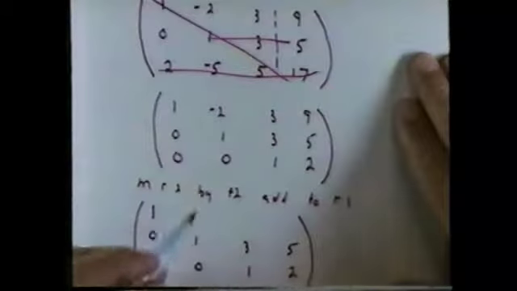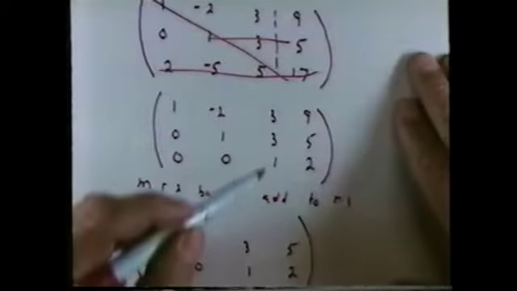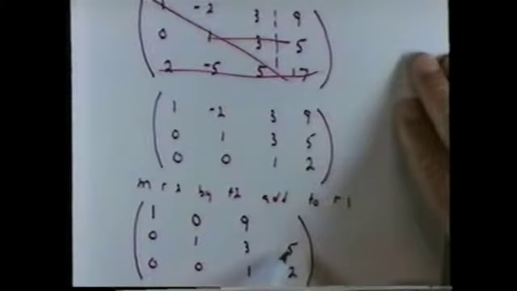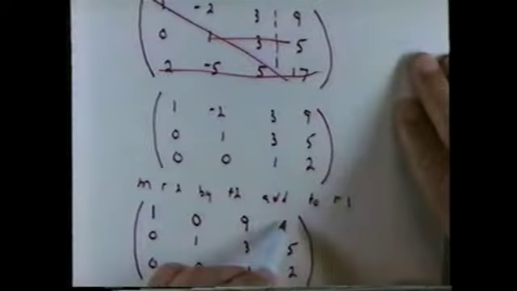A positive 2 times 1 is a positive 2, plus a negative 2 is 0. 3 times 2 is 6. 6 plus 3 is 9. 2 times 5 is 10. 10 plus 9 is 19. So I multiply row 2 by positive 2, add to row 1.